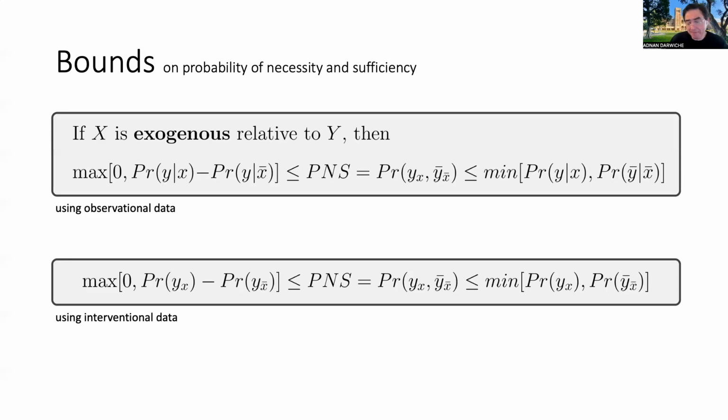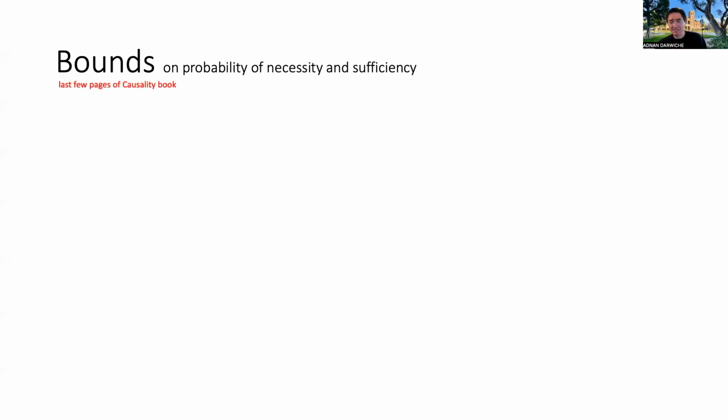Everything we looked at so far either had associational quantities, and therefore you could estimate them from observational data, or had interventional ones, and you can get them from interventional data or from observational data if they were identifiable. The next two we're going to see combine observational and interventional quantities, and therefore can be estimated or applied when you have that kind of data. And on the very last slide, or one before last, I'm going to show an example of combined data, but let's do them. They're both more detailed, and this is the first one.